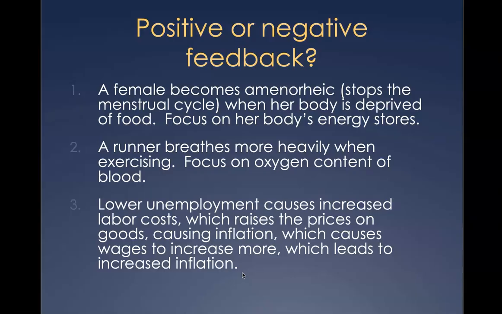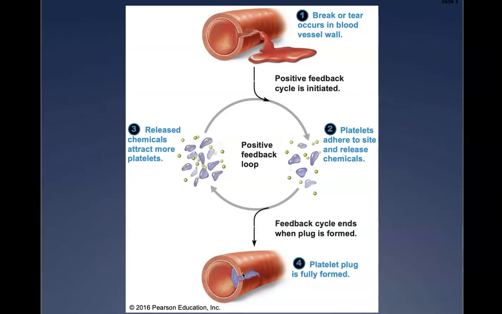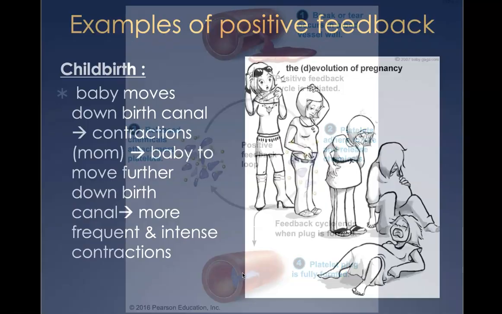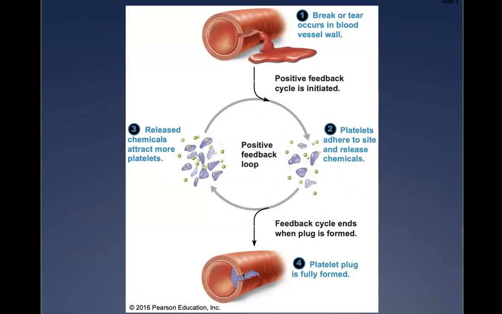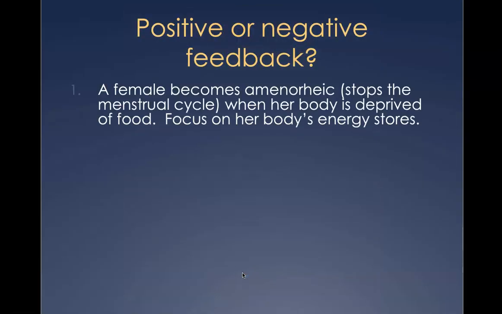So this is just an example of positive feedback where that response brings you farther away from homeostasis. But again, not my favorite example. It's one that we have here. But obviously, my favorite examples of positive feedback, the ones I would use on an exam, will be childbirth, labor, as well as platelet plug formation.